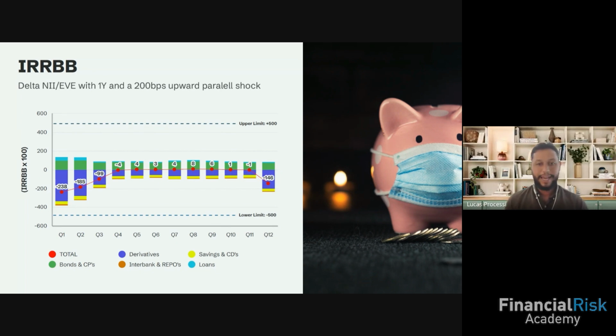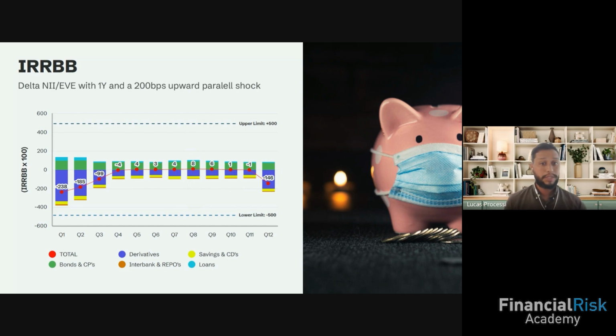Let's say that we have two options when we are dealing with interest rate in the banking book, right? We can immunize our portfolio or we can ride the curve. So the model here is choosing to ride the curve because we have set a band for the interest rate in the banking book. So the model took optimal decisions in order to maximize NII using the interest rate curve.